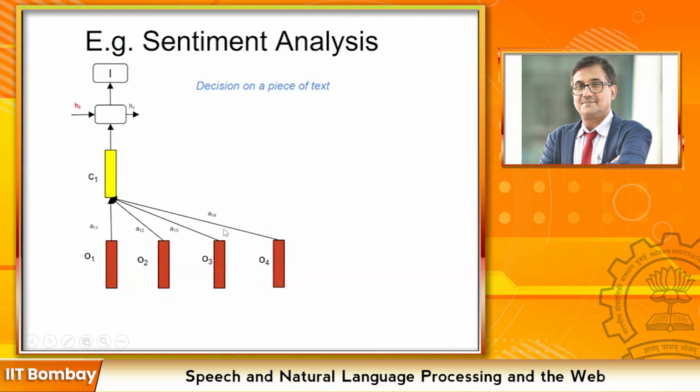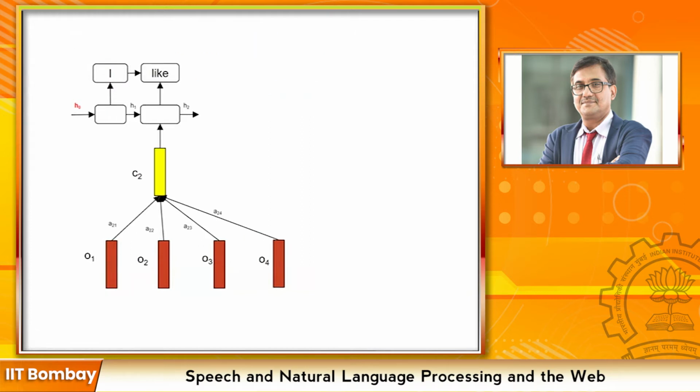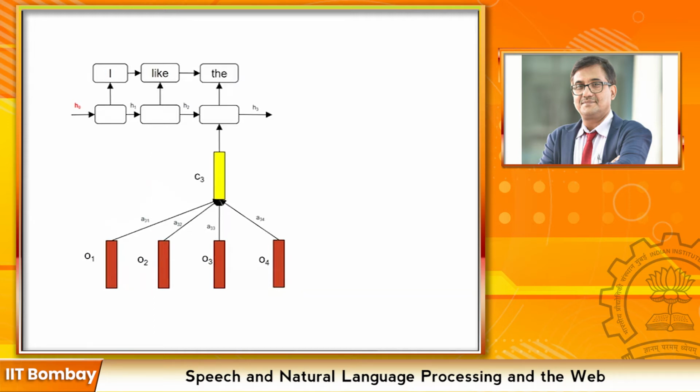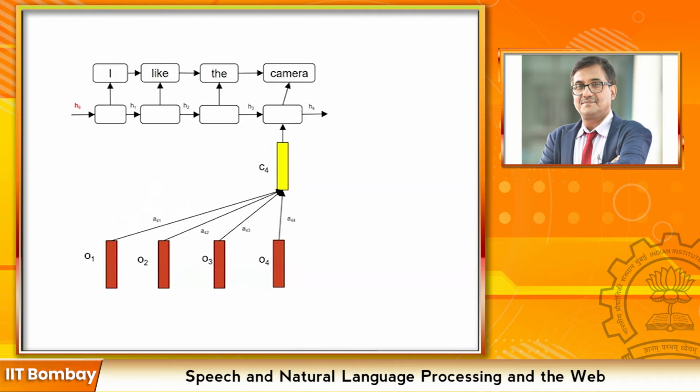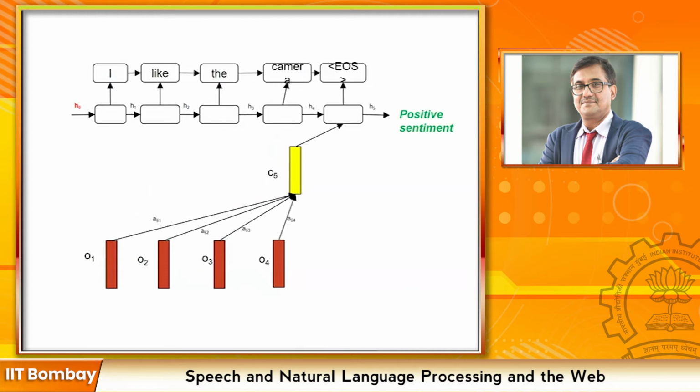So the first token is I, then the second token, the, camera, end of sentence, and out comes the positive sentiment decision that this is a positive sentiment sentence. So this is a situation of high latency by definition because of the nature of the problem.